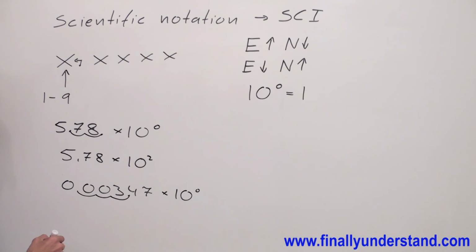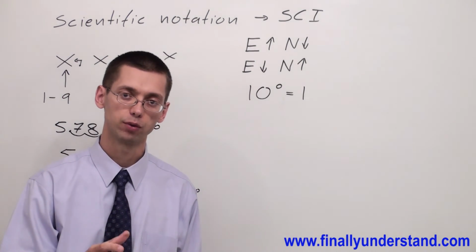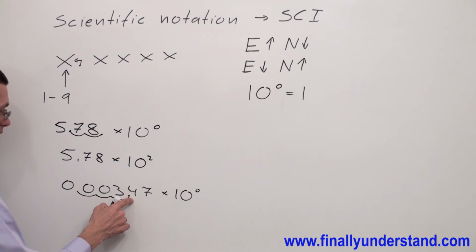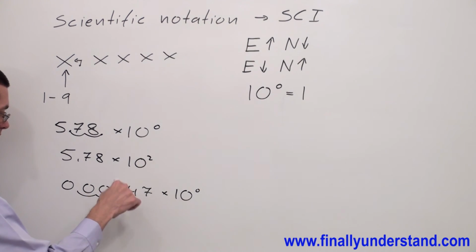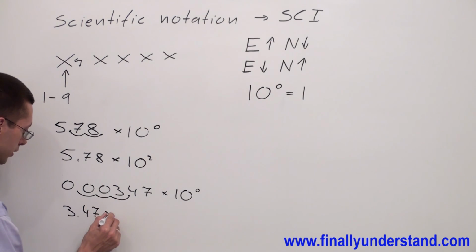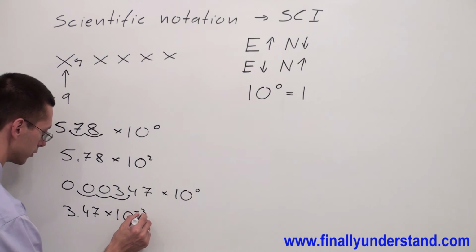Anytime you move the decimal point to the right, your number gets bigger. So the number got bigger, and the exponent has to get smaller. That's why I'm going to have 3.47 times 10 to negative 3.